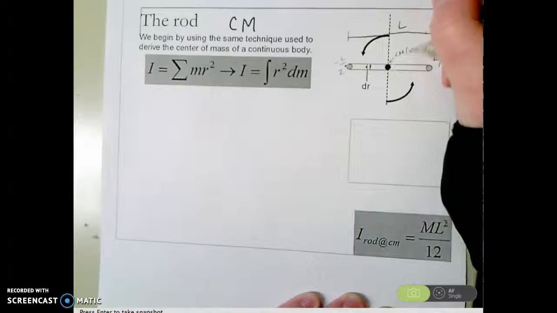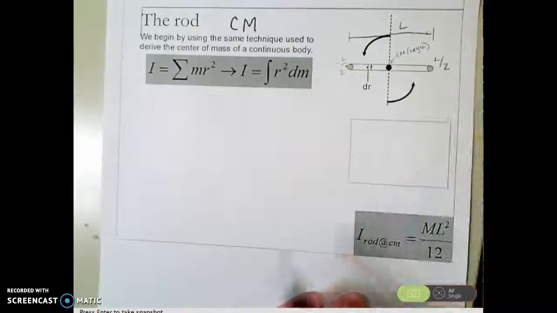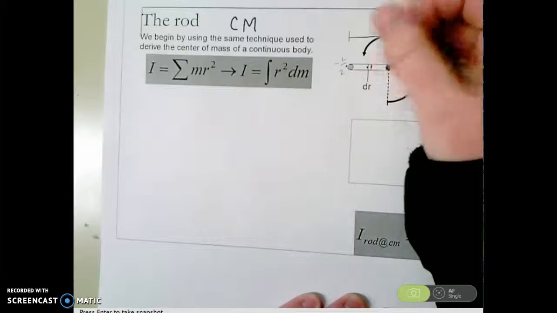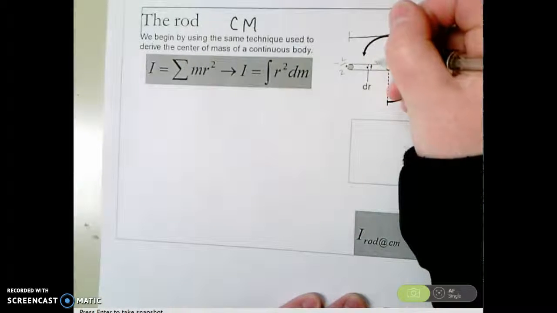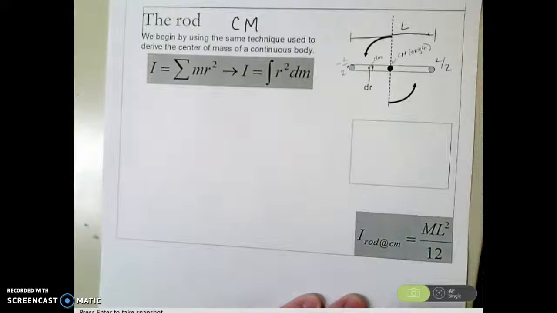That will occur at the origin of our system, which is why this will be negative L over 2 and L over 2, giving us a total length of L. We're going to look at a specific little length dr, and within this dr there is a tiny dm, a small discrete amount of mass.